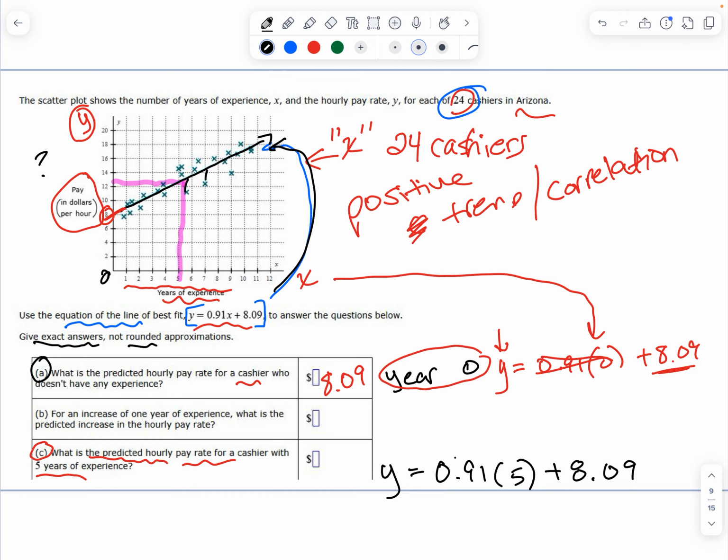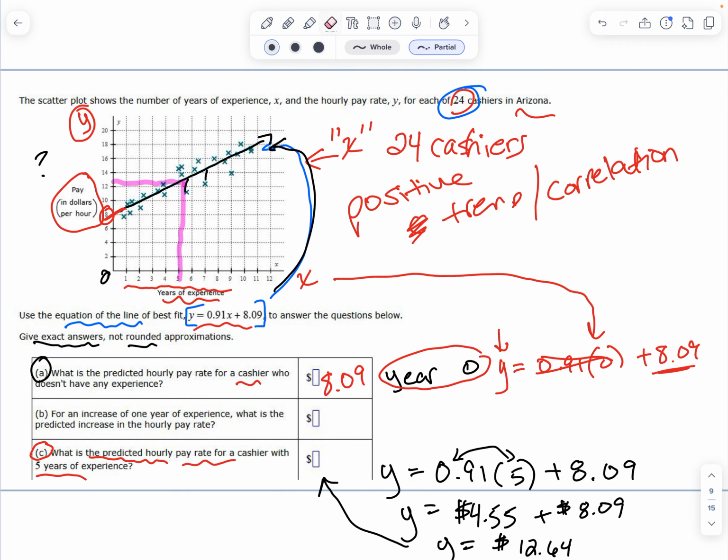If you do 0.91 times 5, you should get $4.55. Plus, we'll add that to our $8.09. If we put those together, after 5 years as a cashier, we should be making $12.64 per hour as a cashier in Arizona at this unknown business.